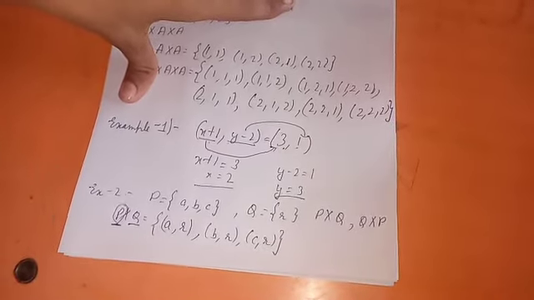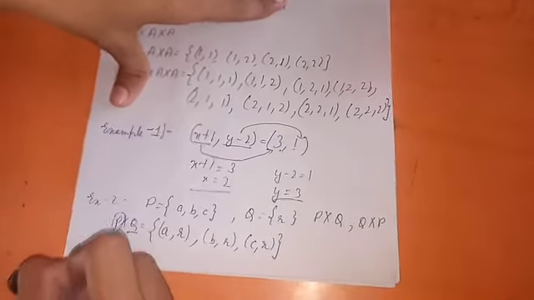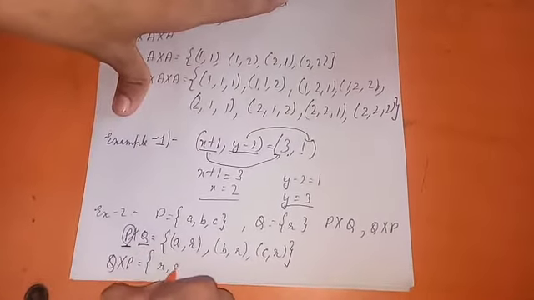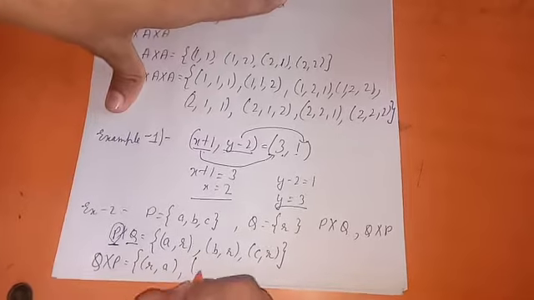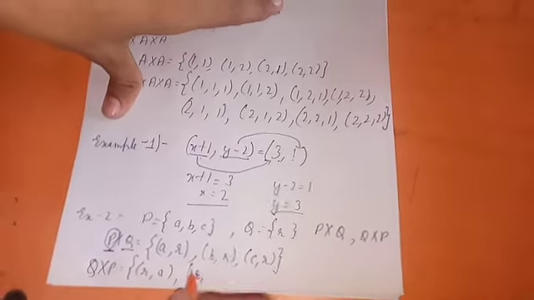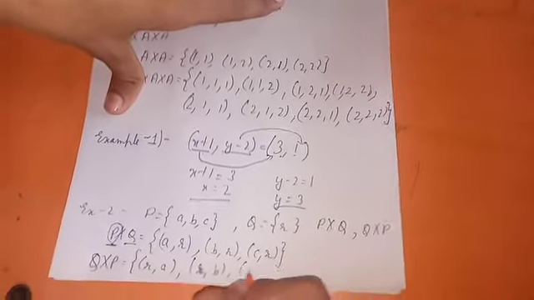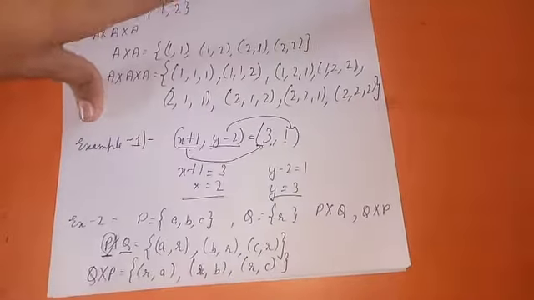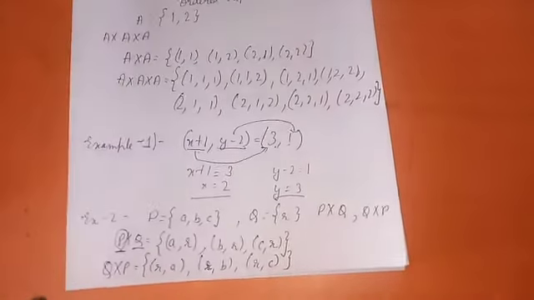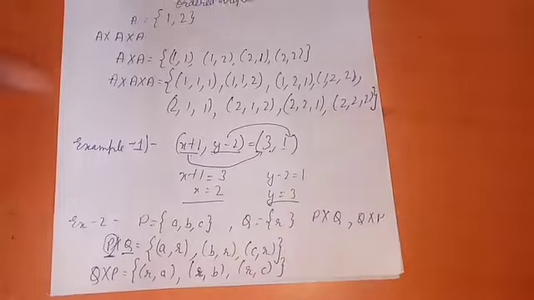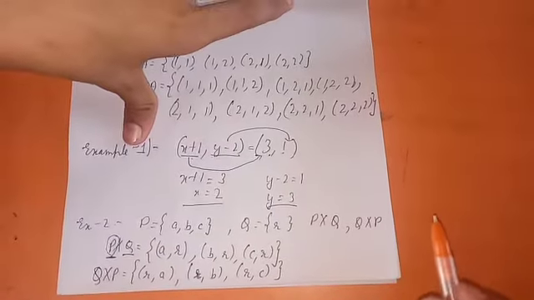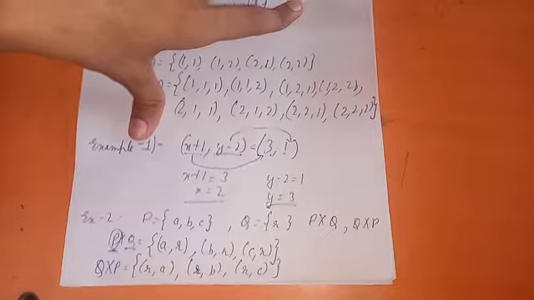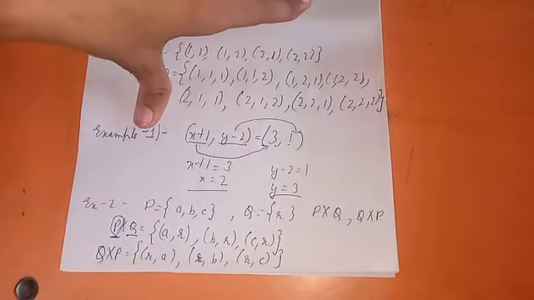Then we have to find Q cross P. In Q cross P, it will be (r, a), (r, b), (r, c). The order is reversed because now Q is written earlier than P. Now they have asked, are these products equal? Now you can check. No, they are not equal.